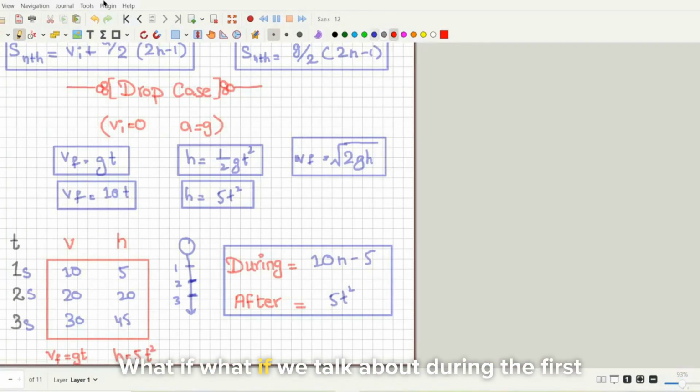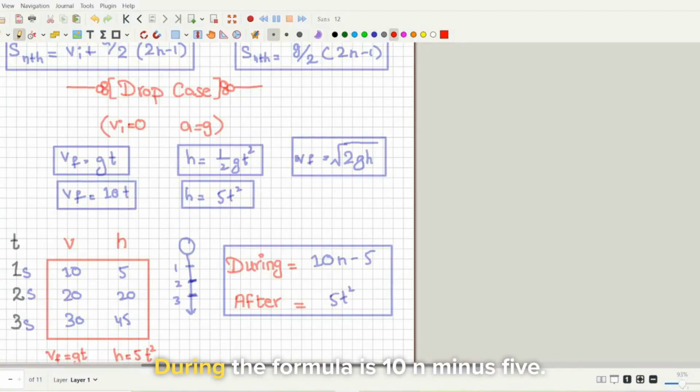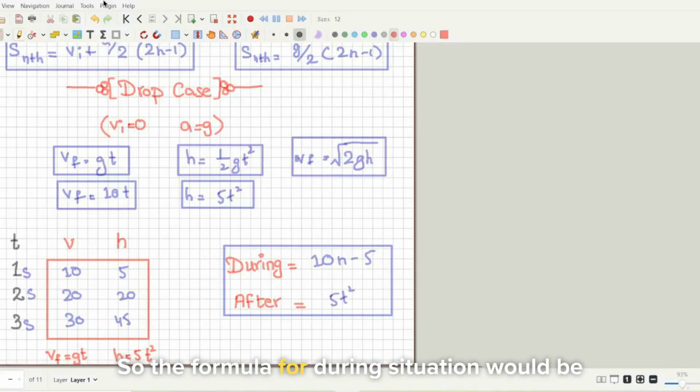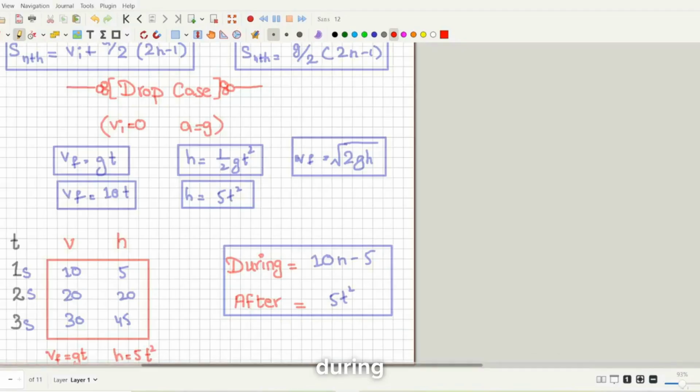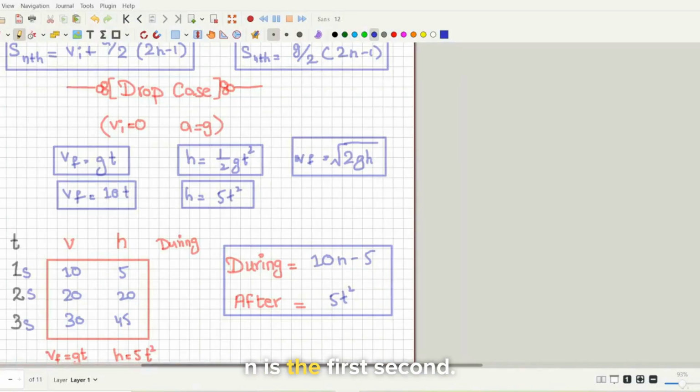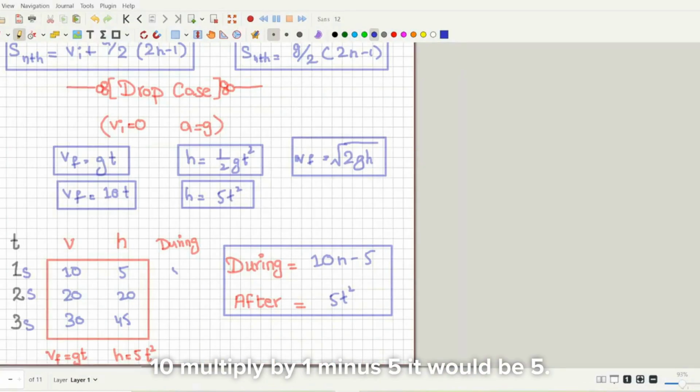What if we talk about during the first second, second second and third second? During, the formula is 10n minus 5. So let's write down the formula for the during situation. The height would be simply 10n minus 5. What is n? n is the first second. 10 multiplied by 1 minus 5, it would be 5.